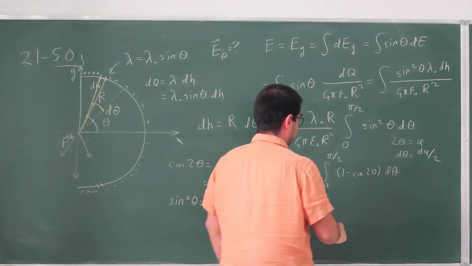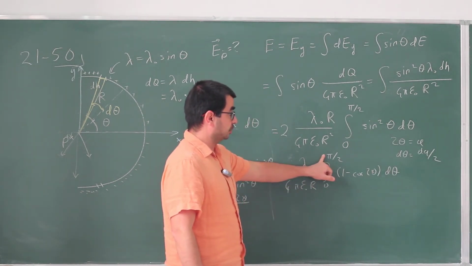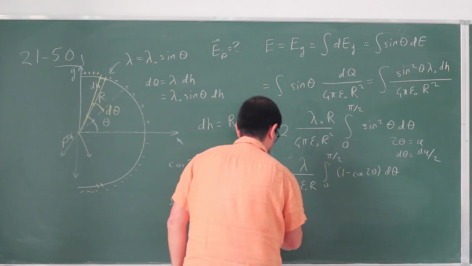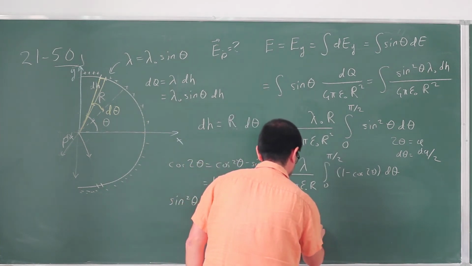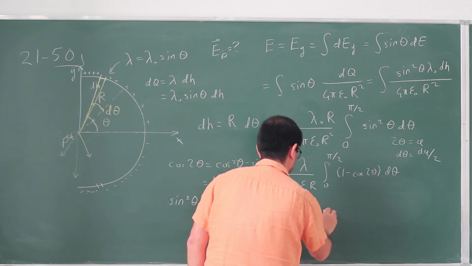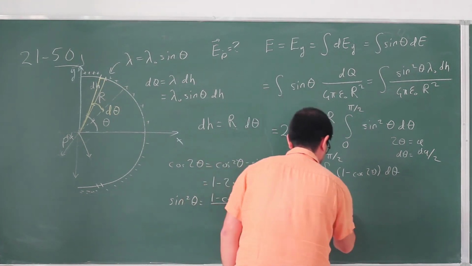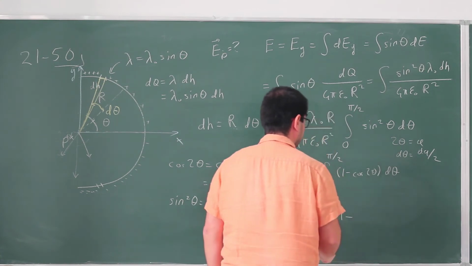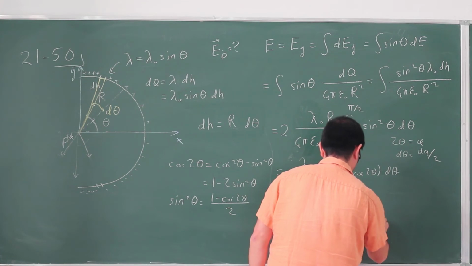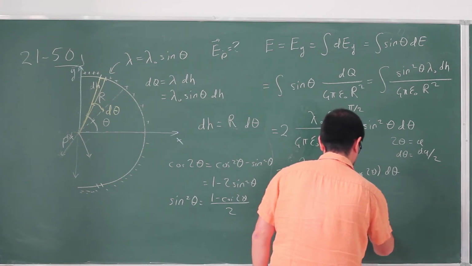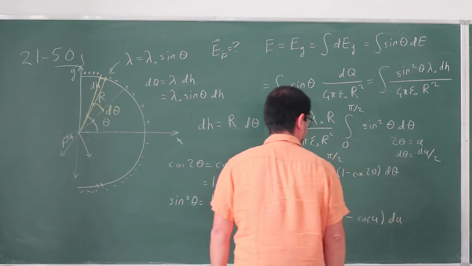And this is going to correspond to u equals 0. This will correspond to u equals pi. Write this down. We're going to have lambda over 4 pi epsilon naught r from 0 to pi, 1 minus cosine u, sorry, du.